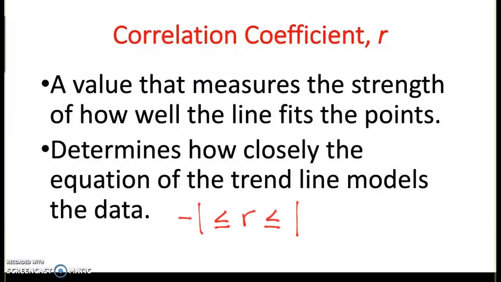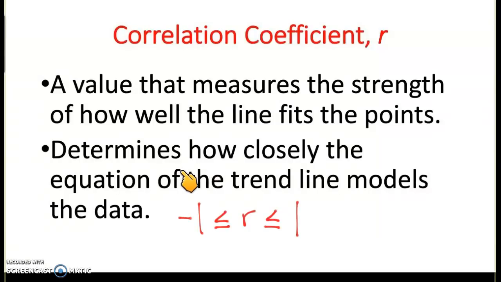So now that we've reviewed what a scatter plot is and what a line of best fit is, we talk about the correlation coefficient, which is the variable R. This is a numerical value that measures the strength of how well the line fits the points.